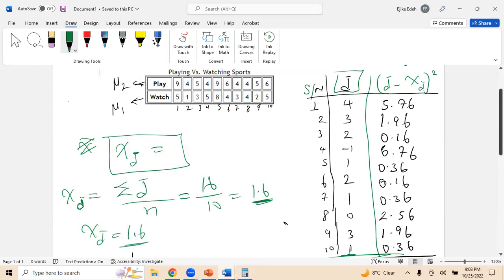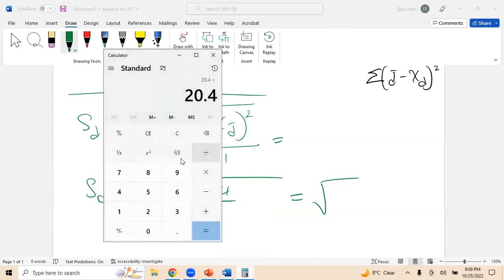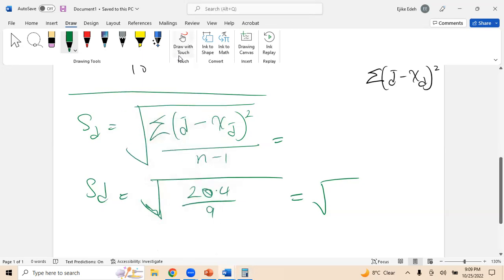So let's go ahead and finish up the standard deviation. The SD will be equal to the square root of, let's divide that, and we can actually do it from the calculator here. 20.4 divided by 9 gives us 2.266666. So let's keep this at 4 digits. So we should have 2.2667.